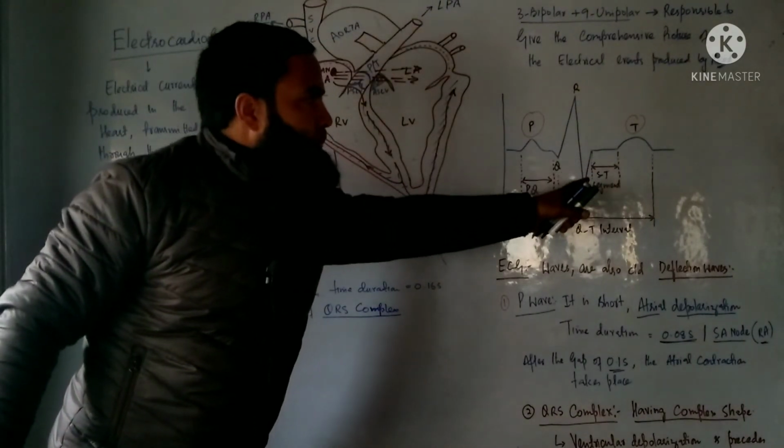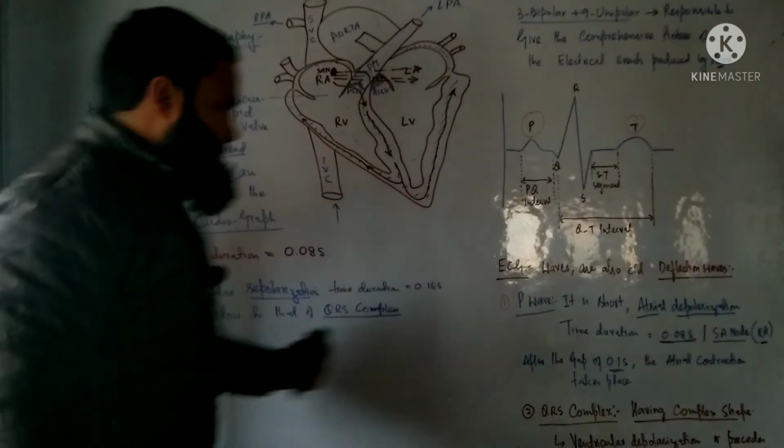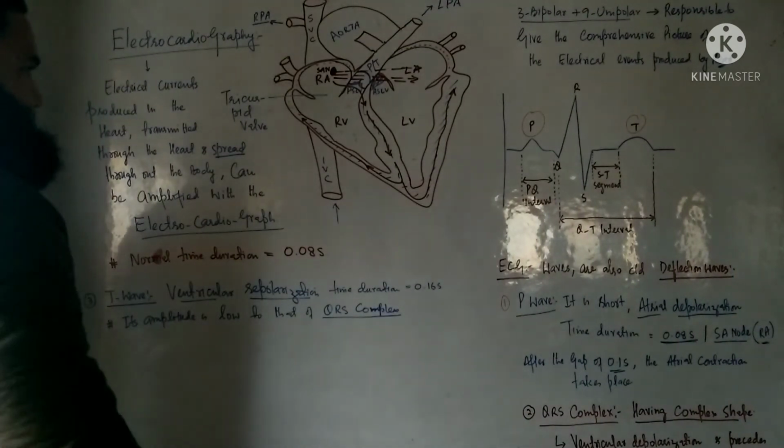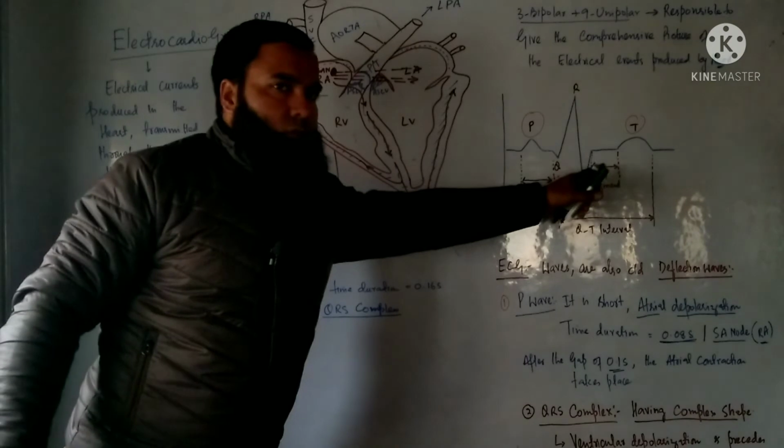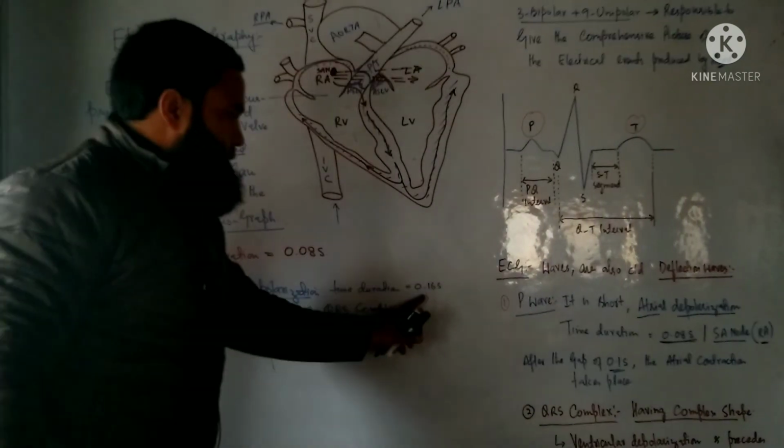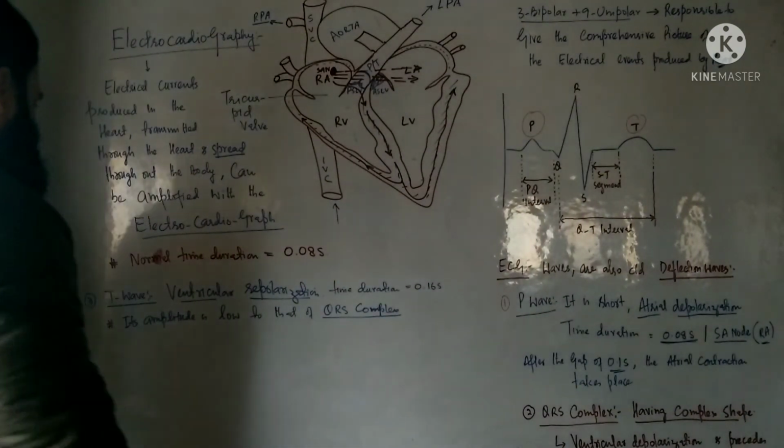The QRS complex has higher amplitude than the T wave, and its spread is more, and the time duration of the T wave is 0.16 seconds.